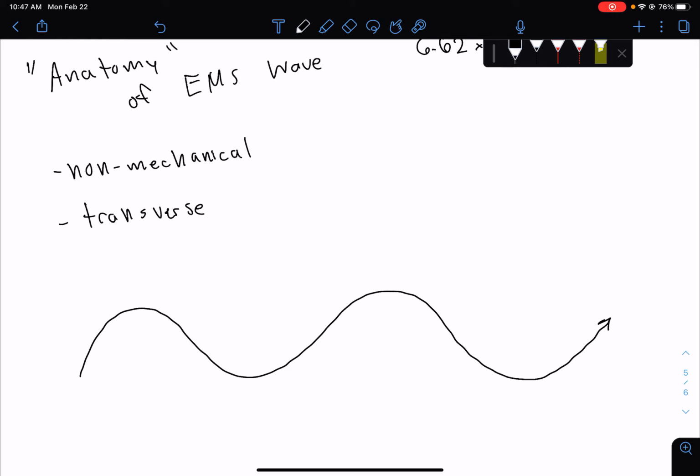So there's two fields. There's the electrical field carried in an electromagnetic wave, the electrical field that's created by this transverse wave.